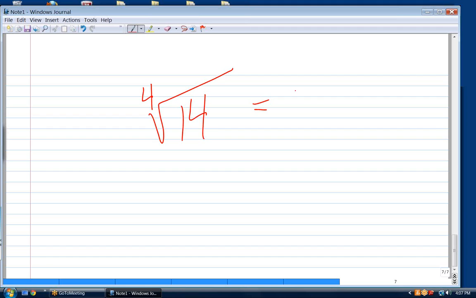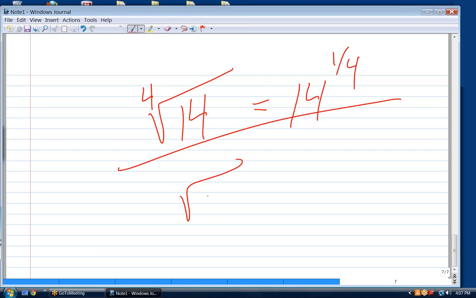Okay. So 14 first, and then to the 1/4. Oh, cool. Okay. Rewrite this using exponential notation. Hold on.